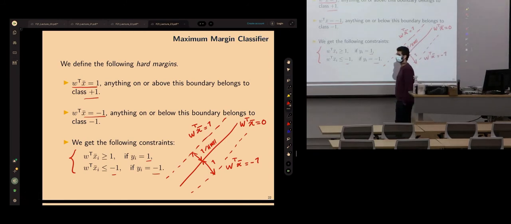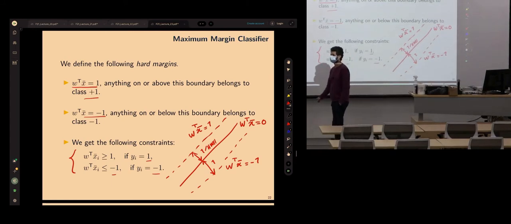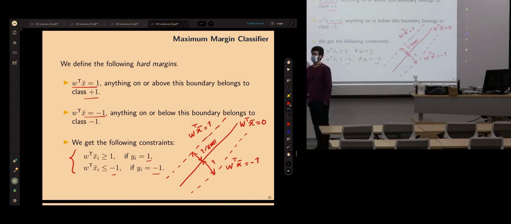What happens if the data is in between 1 and -1? It cannot be, because it's a classification problem. All the labels that I have in the data sets are 1 and -1.